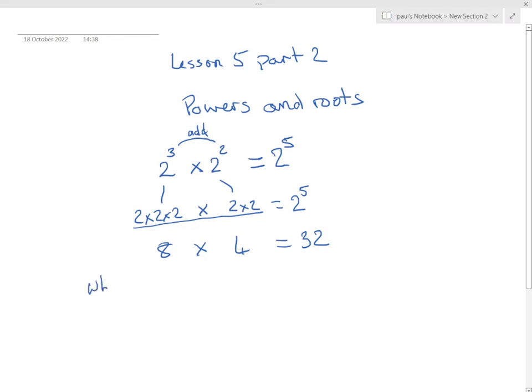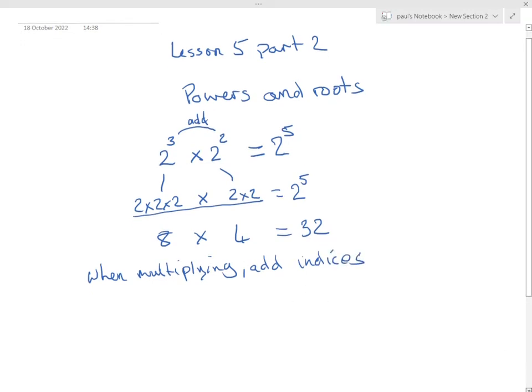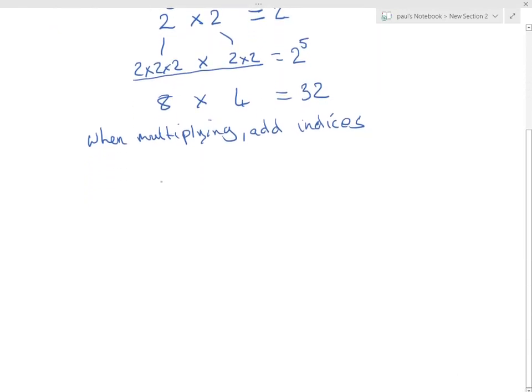So when multiplying, add the indices. Add the indices. So, for example, all we do is just add them. Yeah. So if we've got x to the 4 times x to the 3, that will be x to the 7.